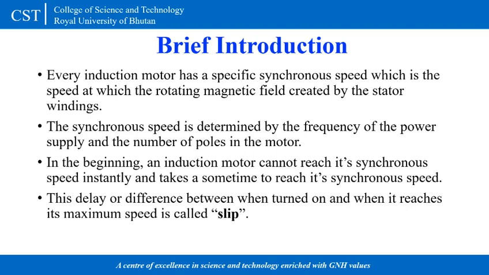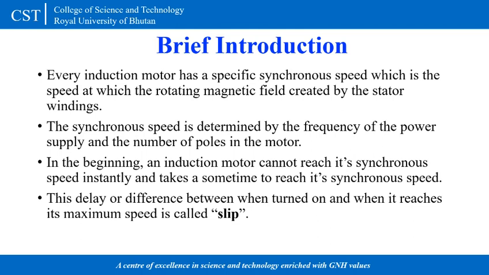Now, a brief introduction about what slip is. Like I mentioned before, the synchronous speed is the speed of the rotating magnetic field created in the stator winding. This synchronous speed is determined by two parameters: the frequency of the power supply and the number of poles in the motor.